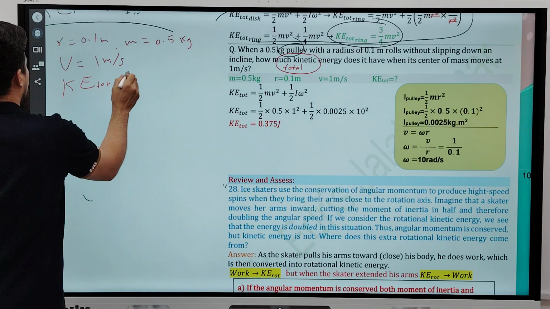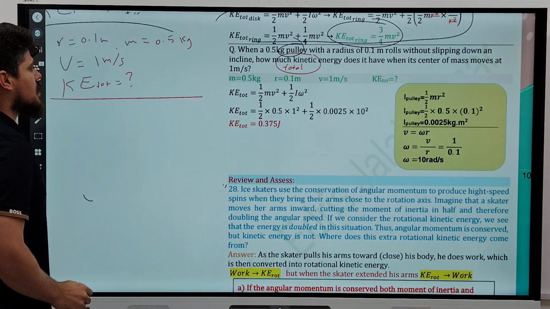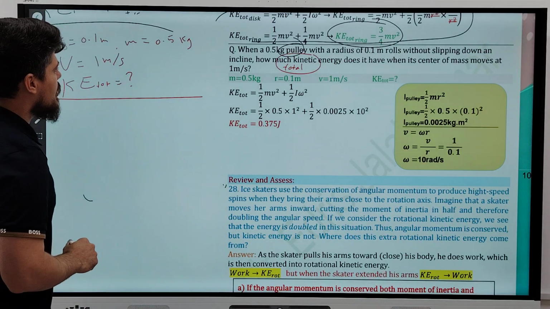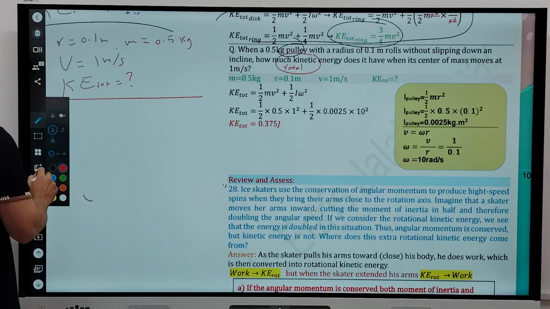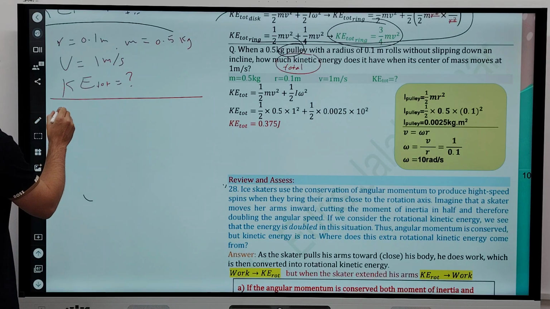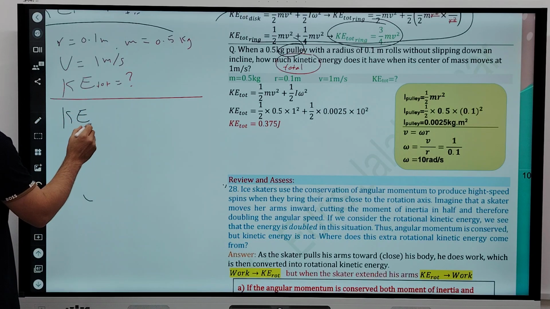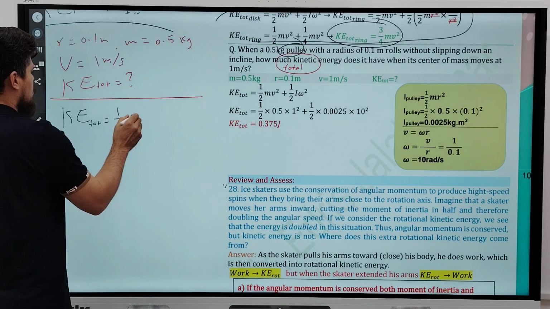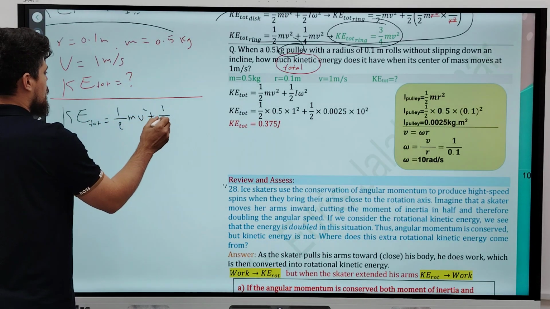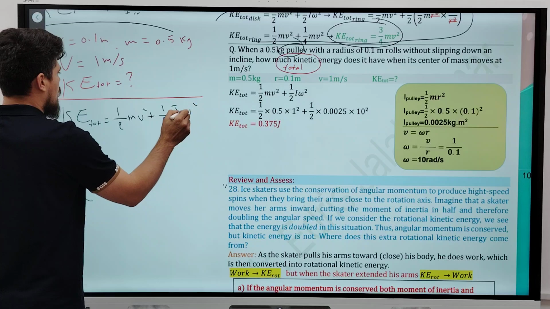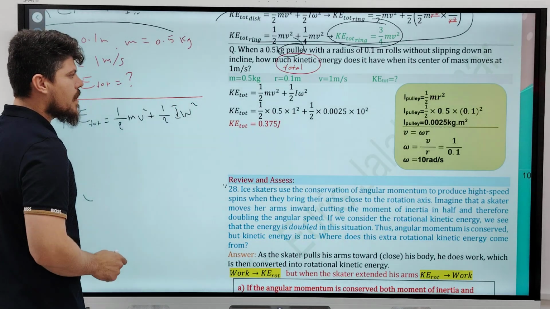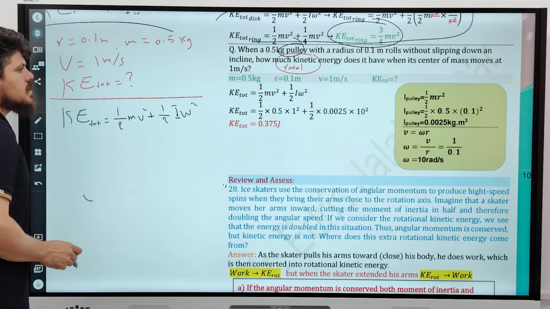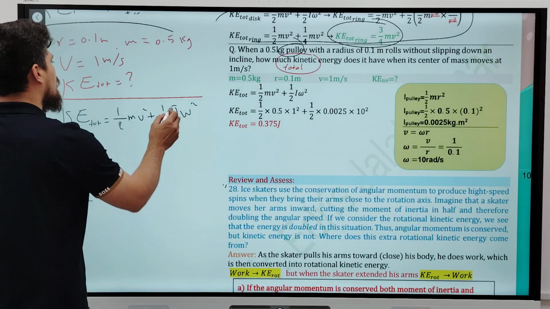The total kinetic energy for the disc. So in that case, you can solve it like that. Total kinetic energy is equal to 1 over 2 mv squared plus 1 over 2 I omega squared.